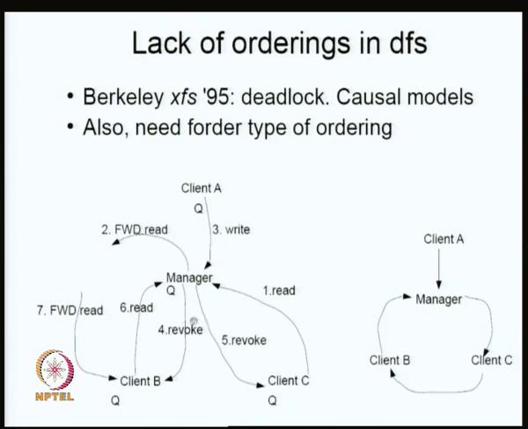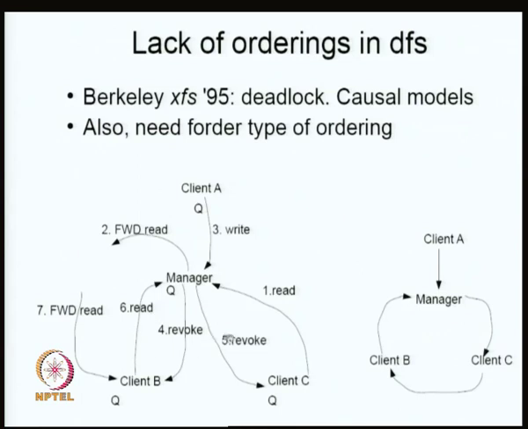You are doing these revokes, which is again a broadcast. Again you have to ensure that these two things are delivered to client B and client C in a particular order. All these things happen causally, that is why causal ordering is important here.